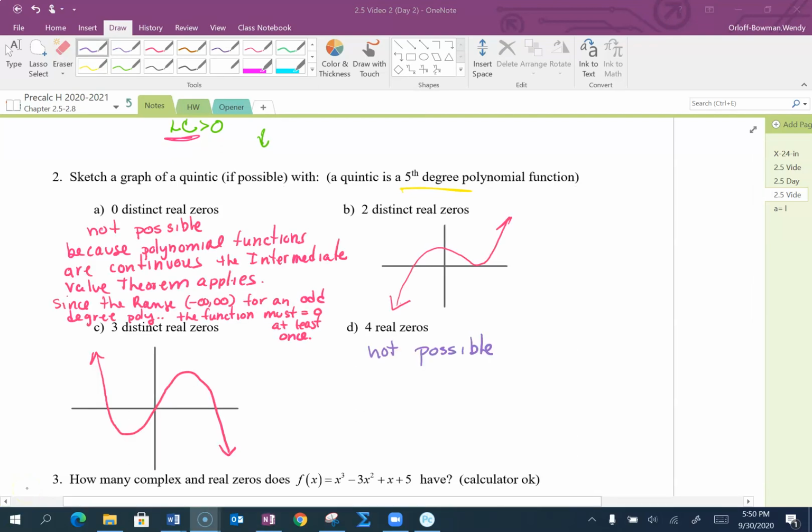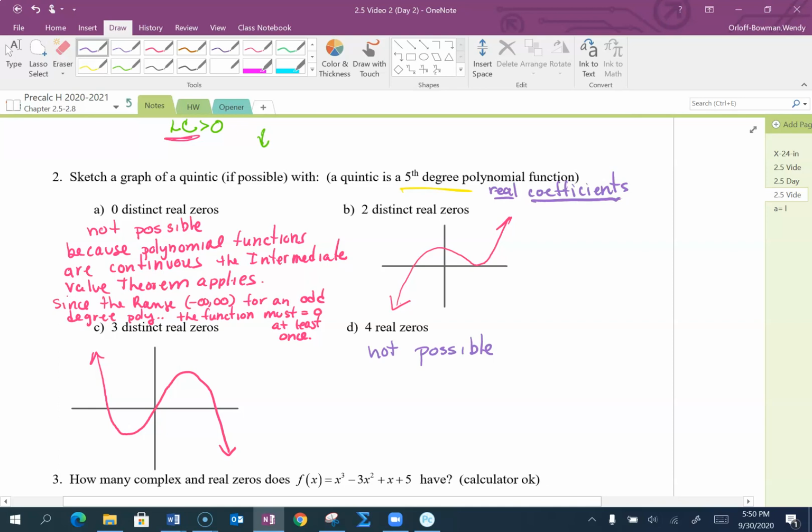Okay. Before I explain this, I really should start being a little more careful when I say a 5th degree polynomial function with real coefficients. I want to make that clear, because if they're not real, if they're imaginary, some things can happen. So for A, it's not possible, and I gave a really mathy type of explanation.